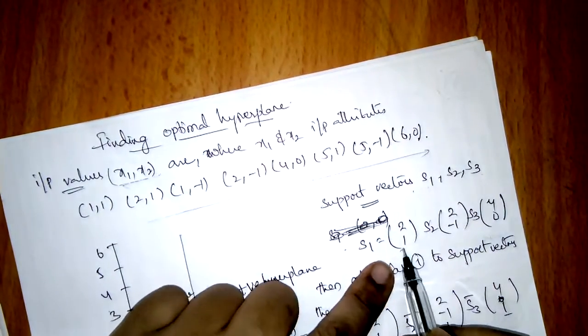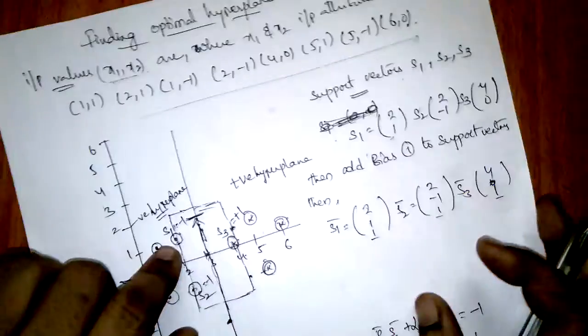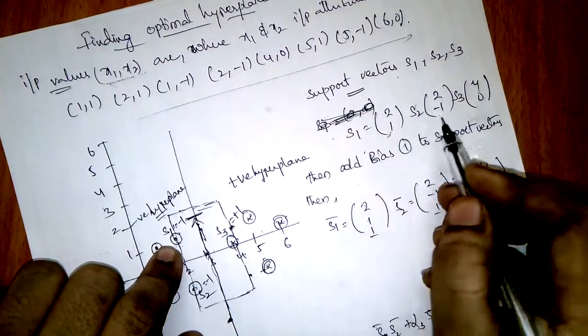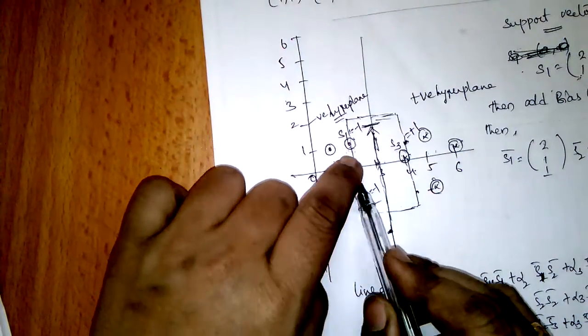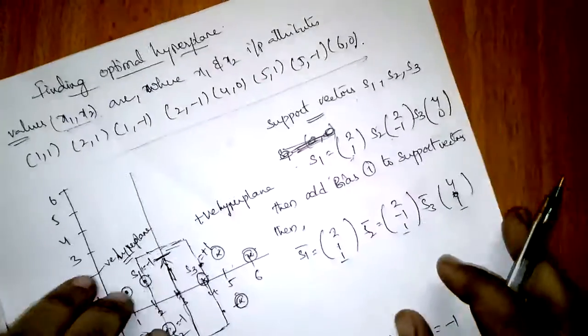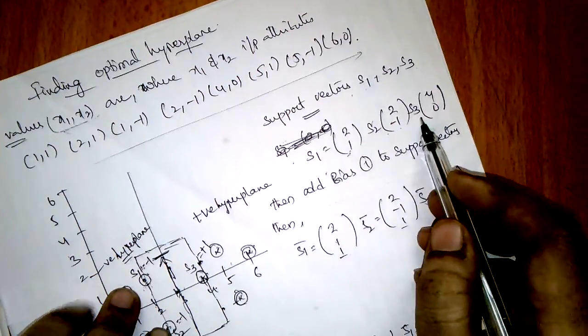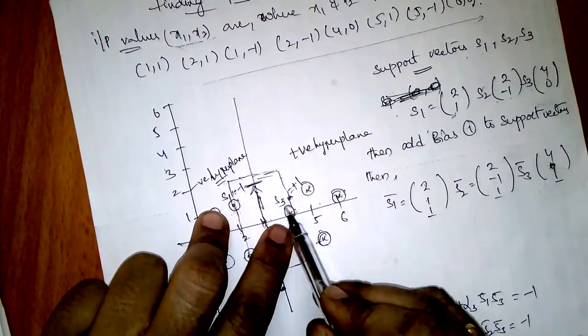What is the value of s1? s1 is 2, 1. What is the value of s2? s2 is 2, -1. s3 is 4, 0.